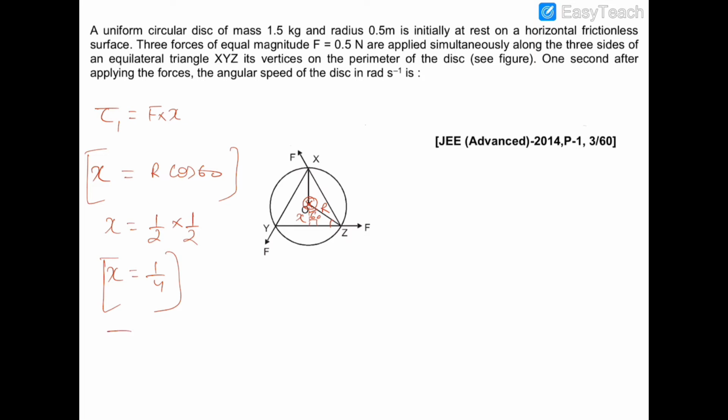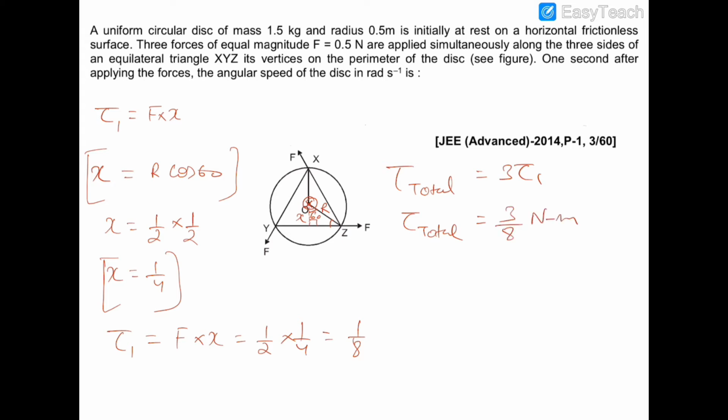The torque of any one force is F into x, and the value of F is given as 0.5. So F into x would be 1 by 2 into 1 by 4, which is 1 by 8. Now the total torque would be thrice the torque of any one force. So the total torque would be 3 by 8, and the unit would be Newton meter.